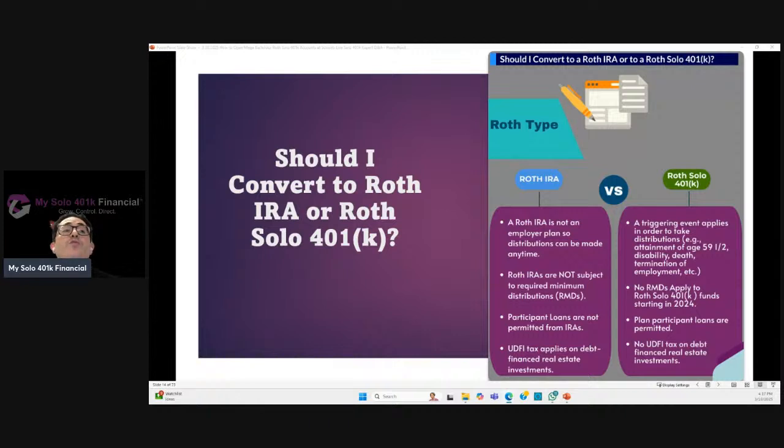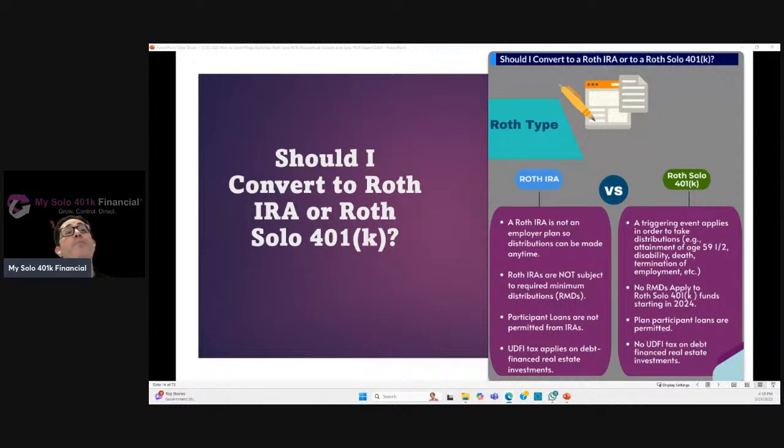If one uses their Roth IRA funds to invest in real estate and do it on a debt finance basis, in other words, using non-recourse financing to invest their Roth IRA funds in real estate, the income attributable to that investment will be subject to a special tax payable by the Roth IRA called unrelated debt finance income tax, or UDFI.